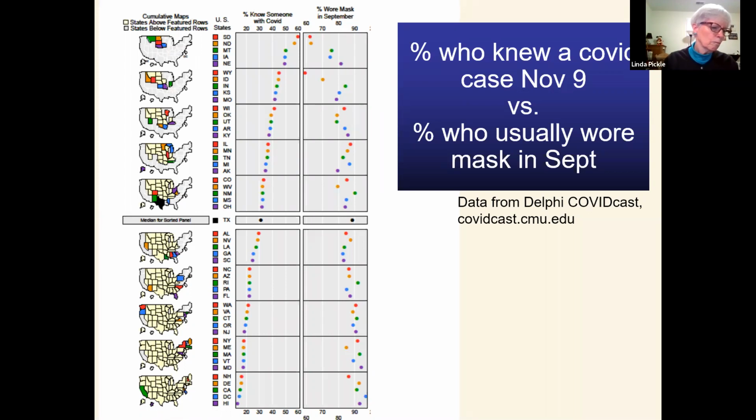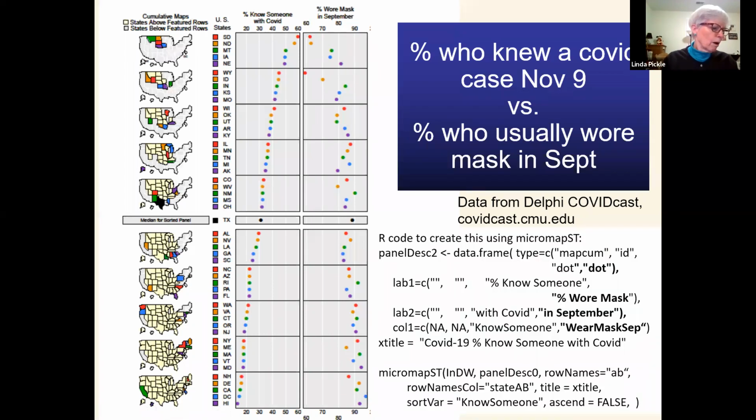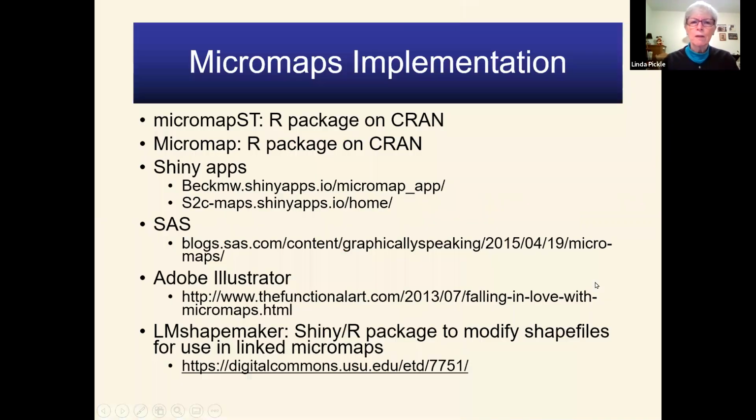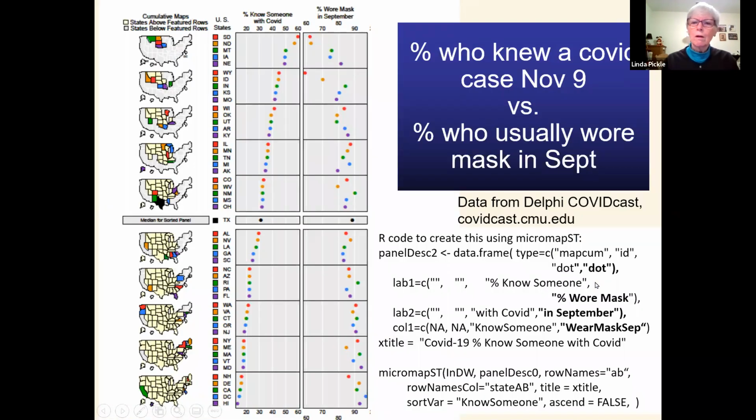We found that... let's see. Oh, sorry, I'll show you this first. The only thing we had to add to the R code, to the function call, was to ask for this extra column on the right.